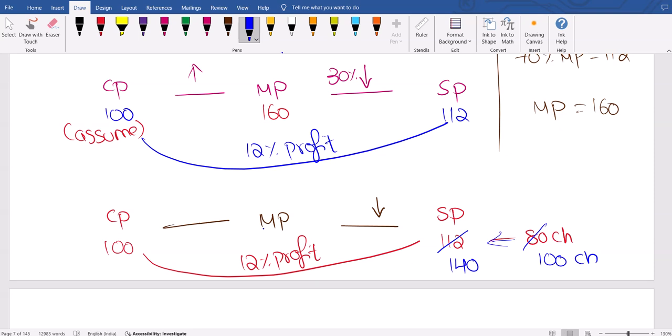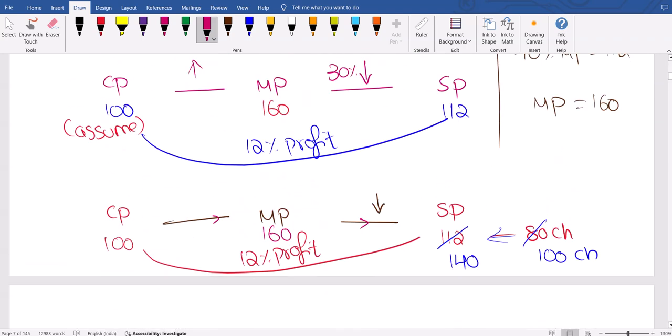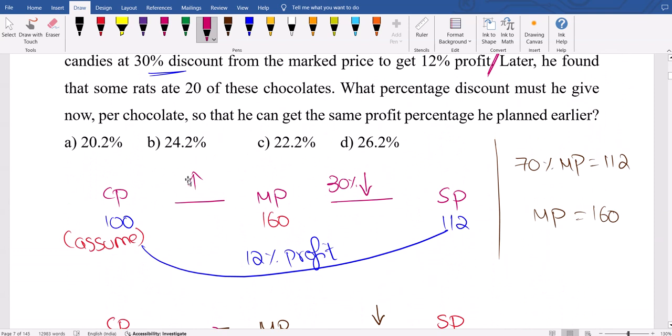So 160 should become 140 only now. The marked price is 160, and now we can make it only 140. We have to convert to 140, not to 112, because we already lost 20 chocolates. For 80 chocolates this is the price, with 20 gone. It should be 140. We have to map 160, change it to 140. Now what percentage discount must he give per chocolate so that he can get the same profit percentage?